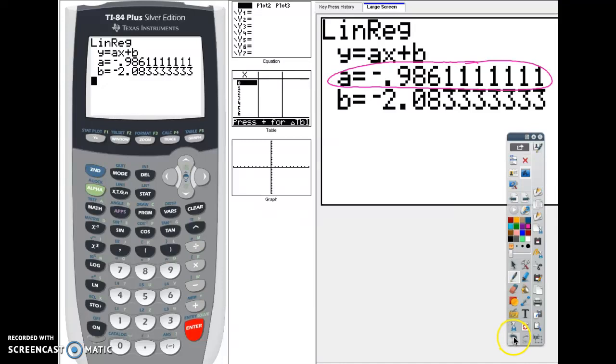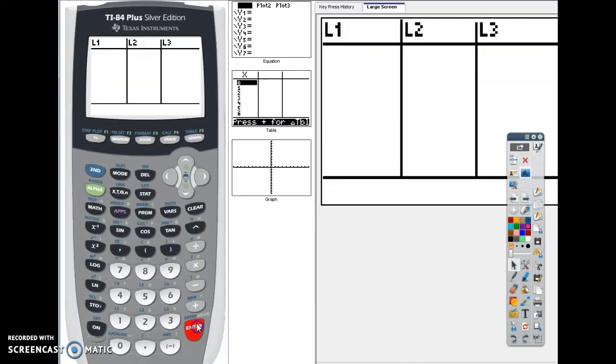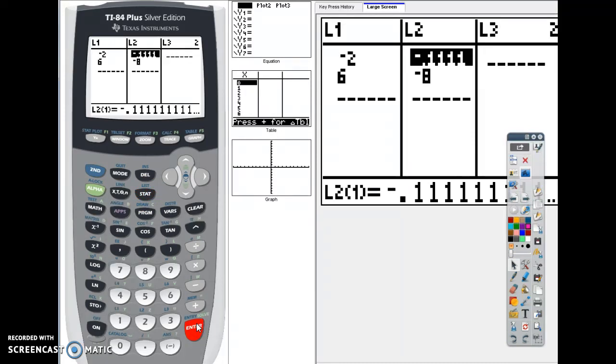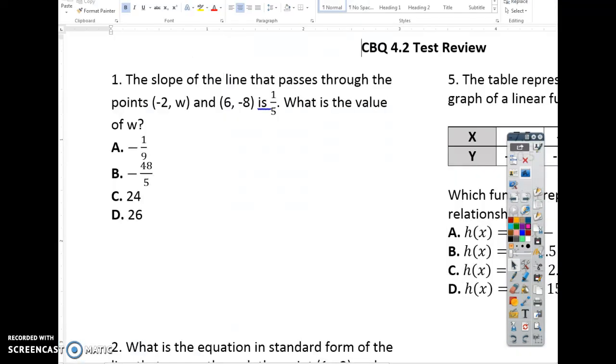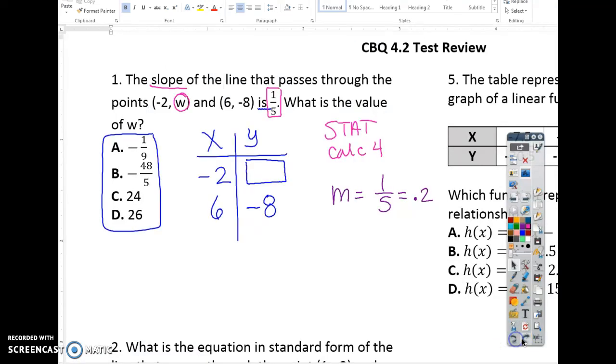So we're going to go back to Stat again, Stat, enter. But now instead of -1/9, this was not it. Now I'm going to use -48 divided by 5.